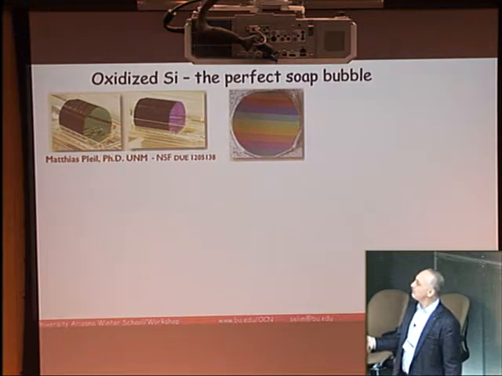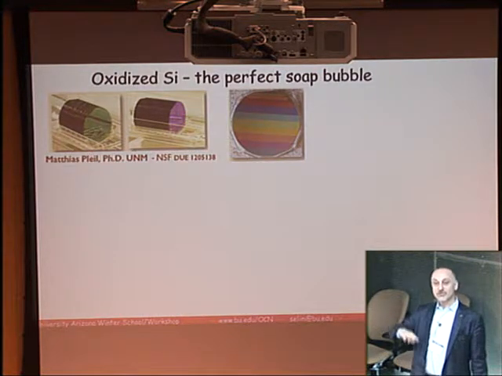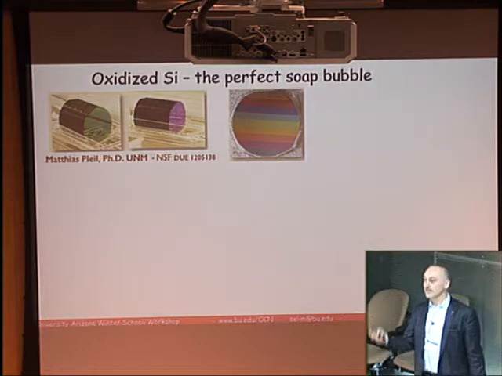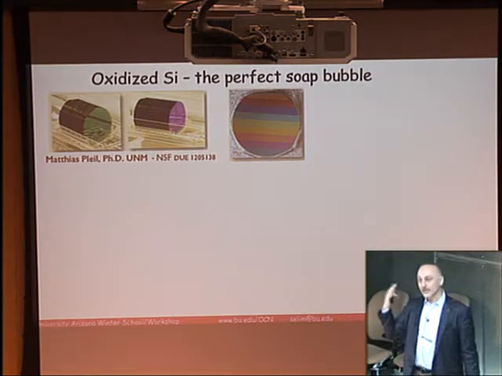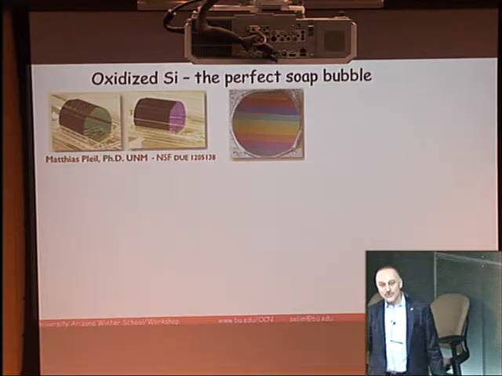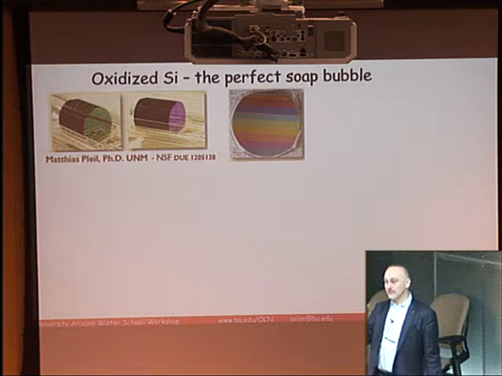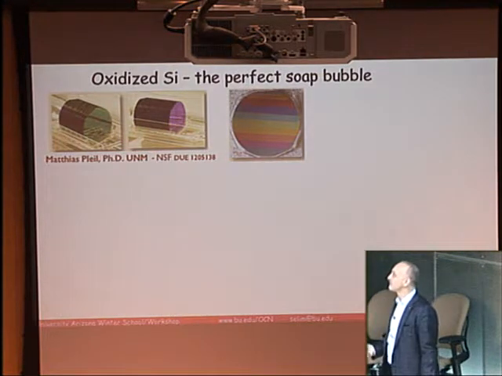If you look at it at different angles, you see different colors. Or if you etch it down to different thicknesses, you can generate different colors reflected strongly. Actually, in the old days of silicon fabrication, engineers would look at the color of the film to decide how thick the oxide is.